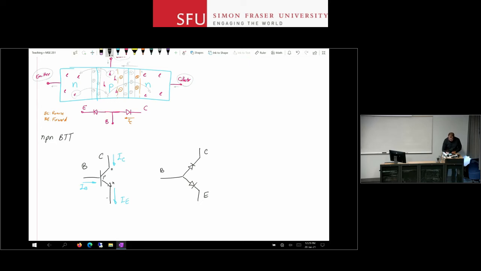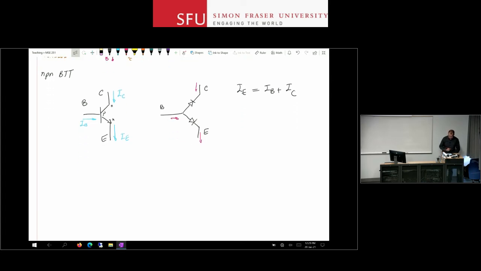If that's the case, from KCL, I know that IE should be IB plus IC. Regardless of what is happening inside that device, KCL holds. If I choose those directions for the currents, that's what I should have for the sum of these currents.